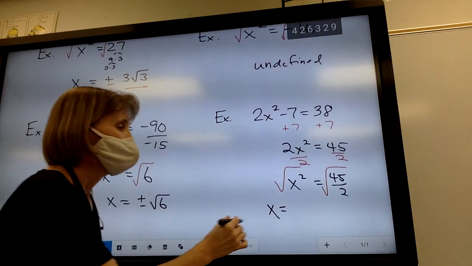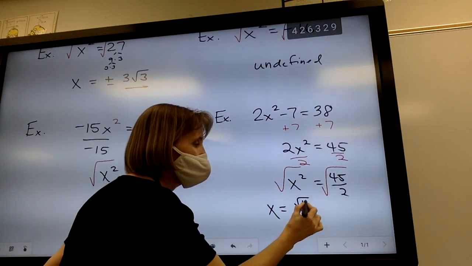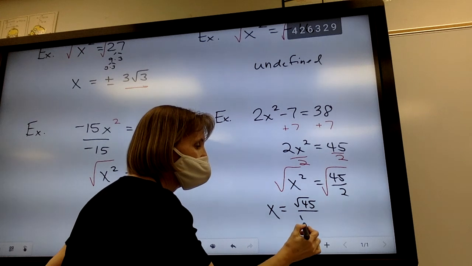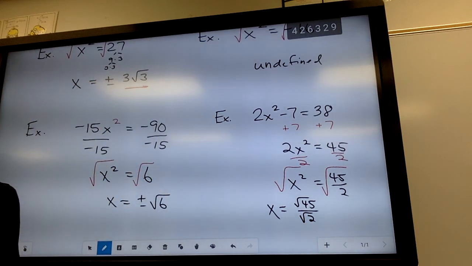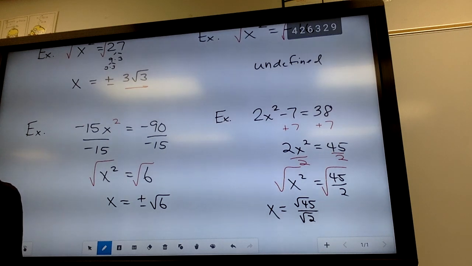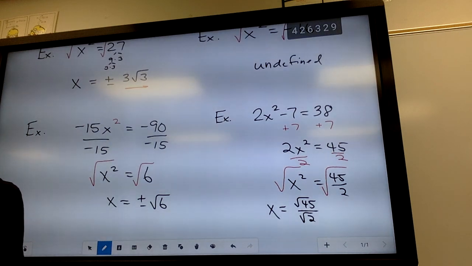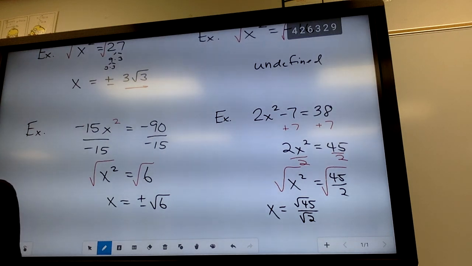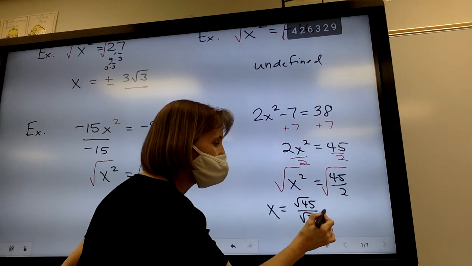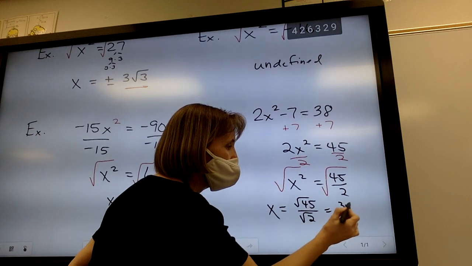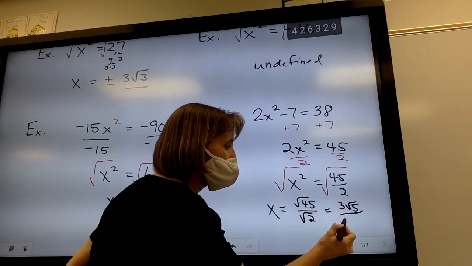Square root each of them. So square root of 45 over the square root of 2. Can I simplify either one of those? 45 is 9 and 5, and 9 is 3 and 3. So the top of this is going to be a 3, and the 5 stays underneath.